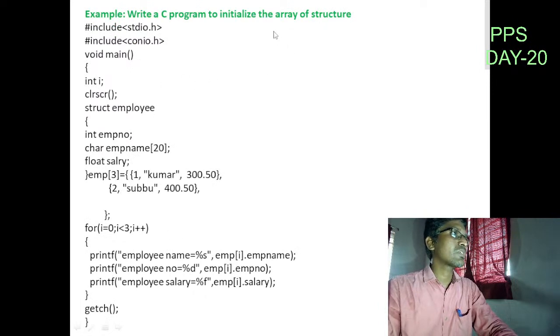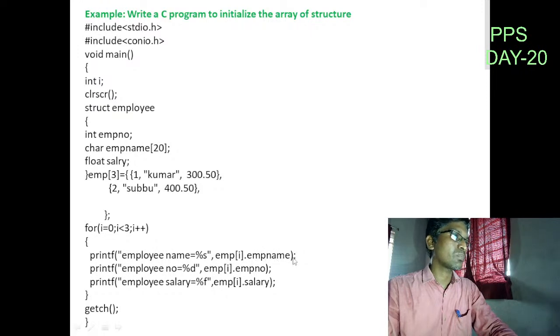This is the initialization of an array of structures. Here I am taking the number of employees as 3, and I want to declare 2 employees' data. Out of 3 employees, I entered data for only 2. The same data I initialized, I want to display with the help of the structure variable followed by the index number, a dot, and the structure members.